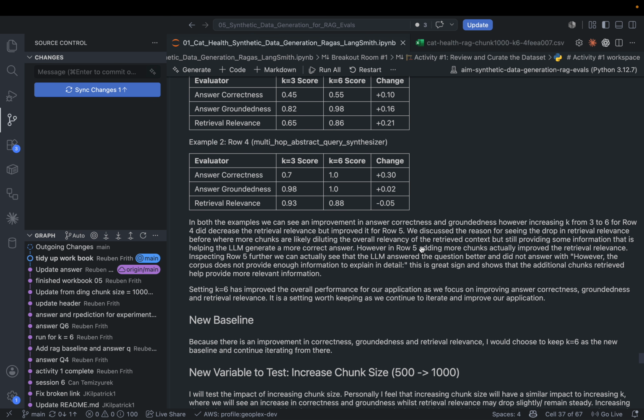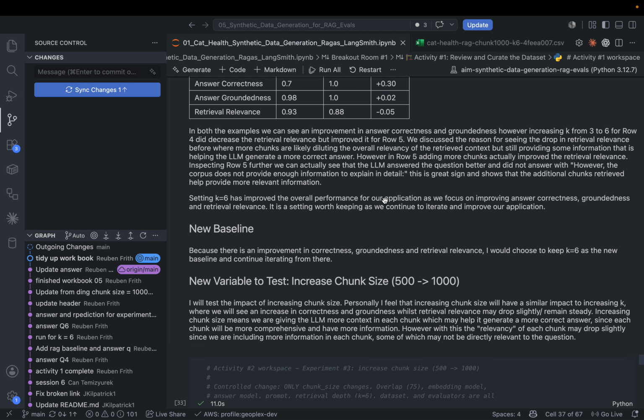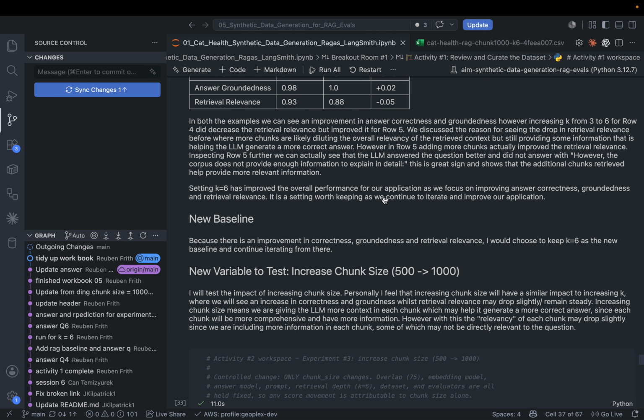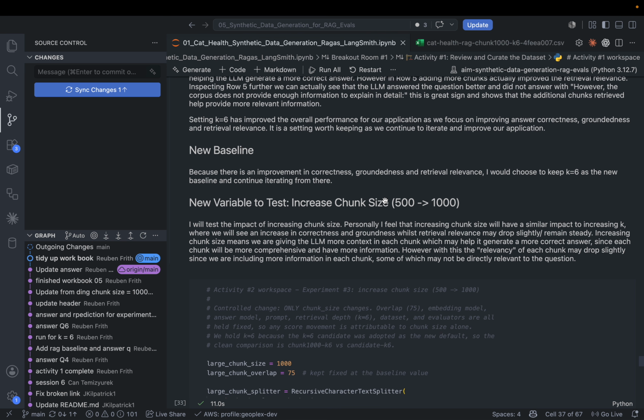This was interesting because I guess you're adding more chunks, which is kind of diluting the information that's there. So the relevance of that retrieval context is lower, but overall the answer correctness increased at the same time. So I would probably say it's okay leaving K equals 6 in this scenario. And so I kind of made that the new baseline to work off from.